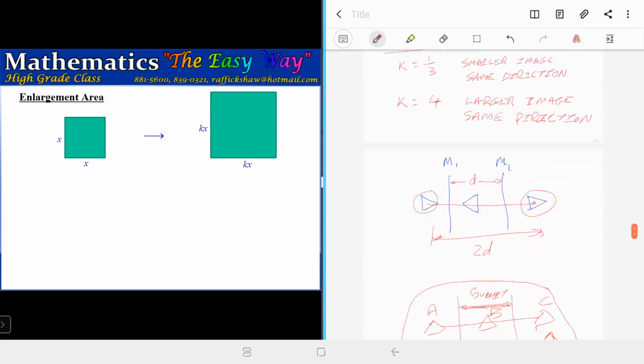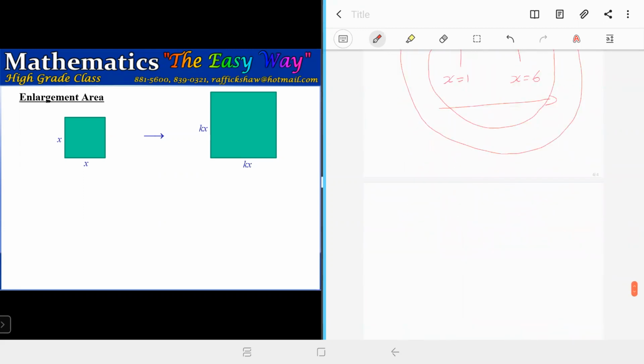Let's use some negative scale factor down here now. If the scale factor is something like -1/4, then it's going to be smaller again, a smaller image. Why? Because of the 1/4. But they're going to point in opposite directions because of the negative.